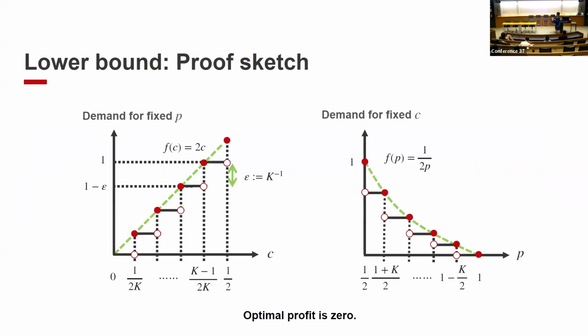These instances are two-dimensional, and in this case the optimum profit is 0, and we can implement the best price and the cost by just shifting these steps a little bit, and the optimum profit will be on the order of epsilon. Using similar standard techniques, you can get a lower bound of T^(3/4), and expand that to n T^(3/4) by copying these instances n times and coupling them in a certain way.